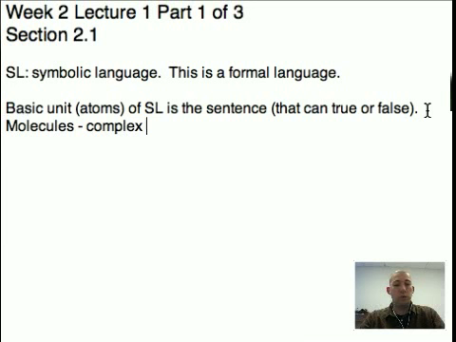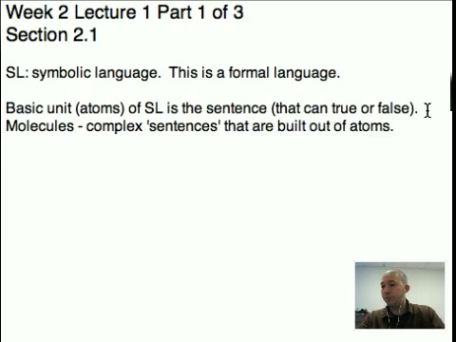So you might call them complex sentences, but they're built out of the atoms. Okay, but we're not going to combine them in any old way in which we do in English. What we're going to be interested in is a particular kind of connective that we're going to call a truth-functional connective.